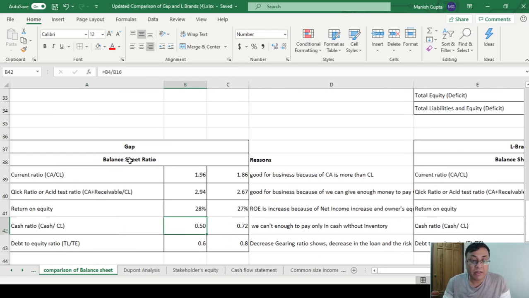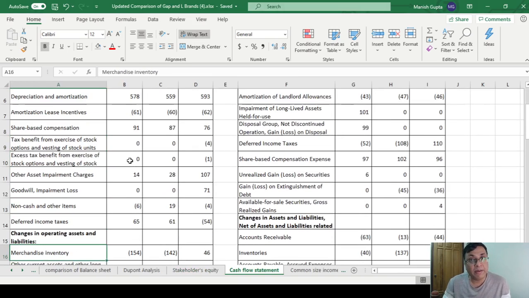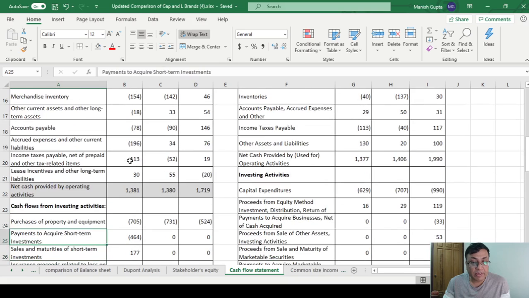In this case, the current ratio has dropped significantly. The cash ratio has dropped significantly. But to understand why that has happened, you need to look at the cash flow. Once you look at the cash flow, you will see what the main reason for the drop in cash is. First is the cash from operations.